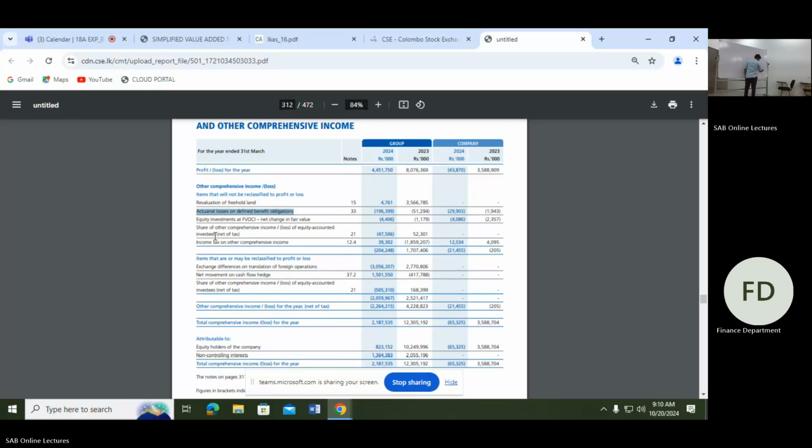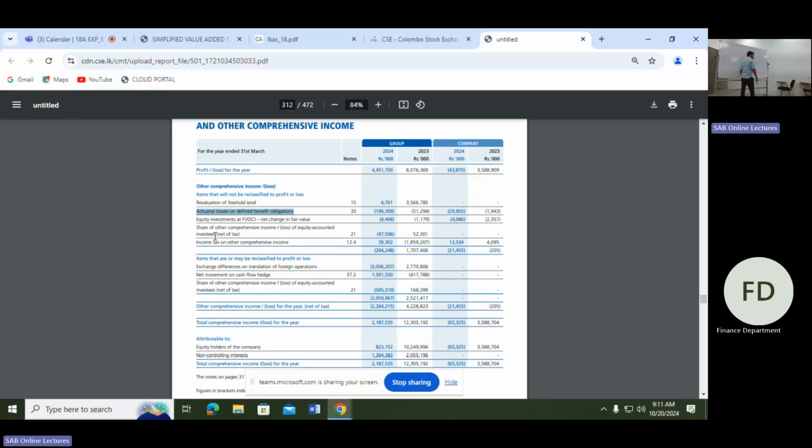Then biological assets are divided into living animal, living plant, bearer animal, consumable animal, bearer plant, consumable plant. Consumable animal, LKAS 41. Bearer animal also, LKAS 41. Only for bearer plant we are using LKAS 16. Bearer animal, consumable animal, consumable plant, all those things we are using LKAS 41.